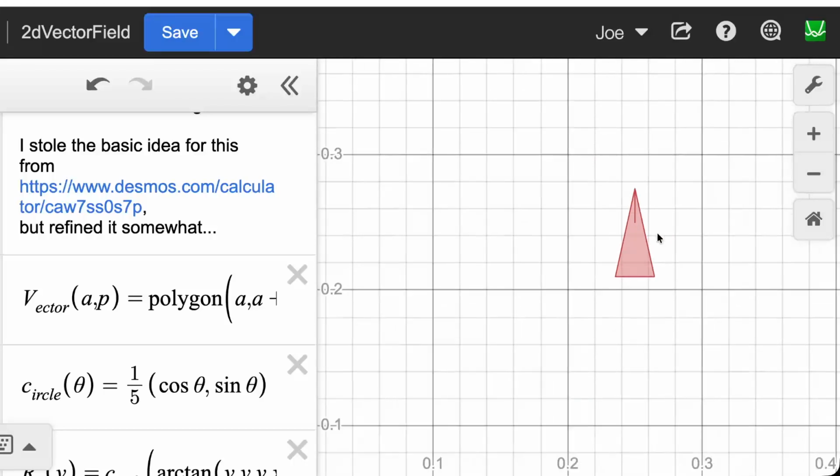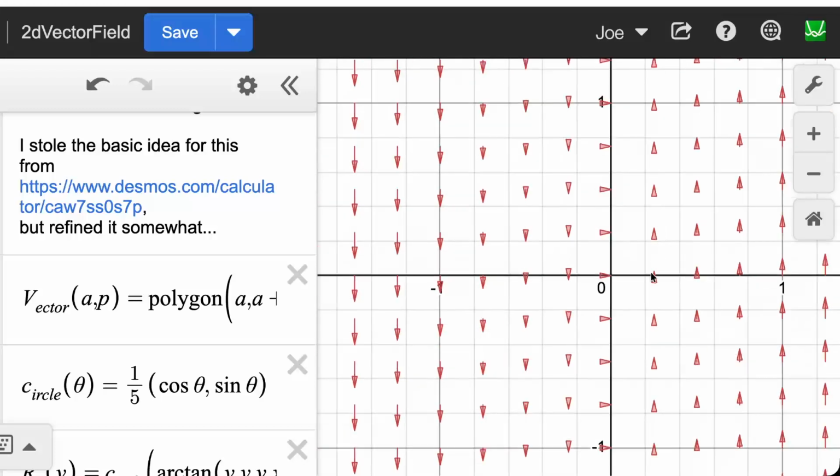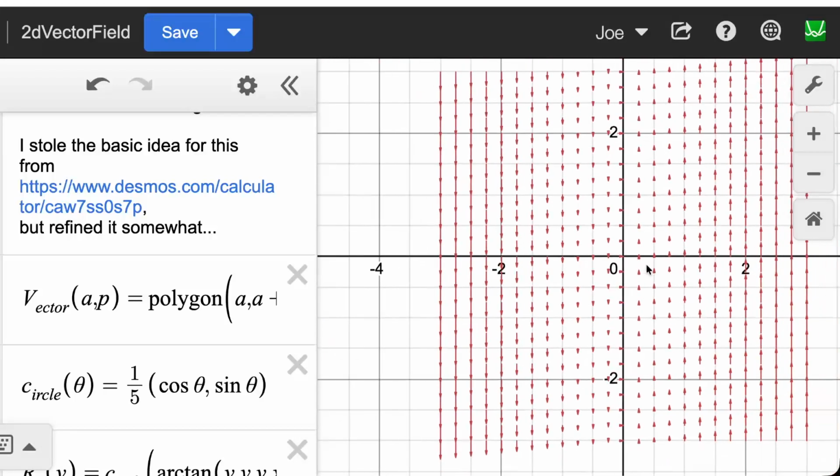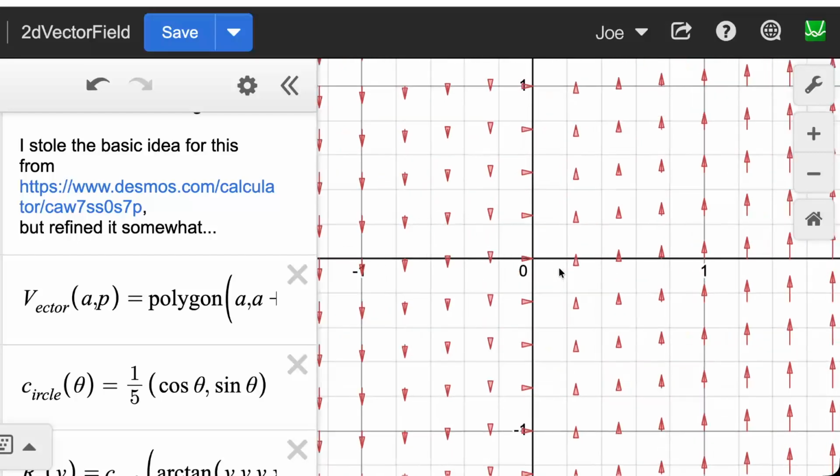So when you end up having these arrowheads that are just heads and there's no stick sticking out of them, that's what's going on. You've just got a very small vector. I've been trying to think for a while about how to shrink the heads when you get to a smaller size, but I don't want them to grow without bound when you're at larger sizes. So a little tricky thing to do.